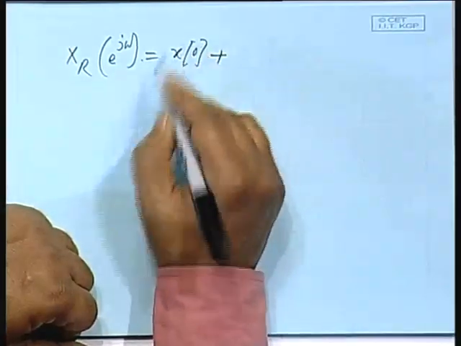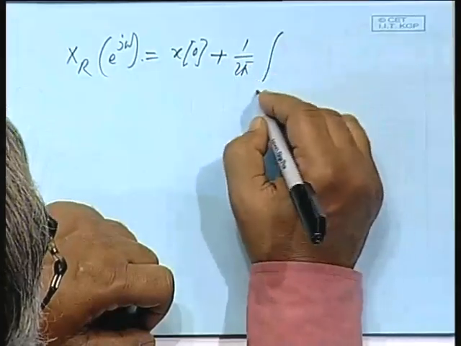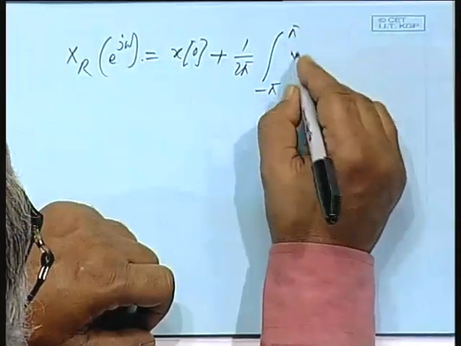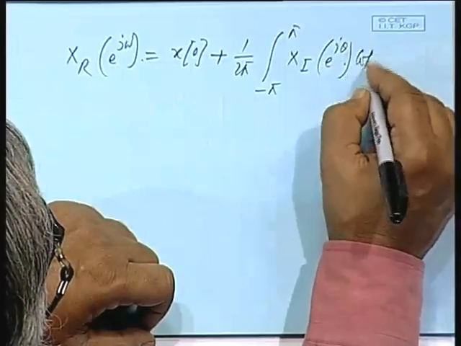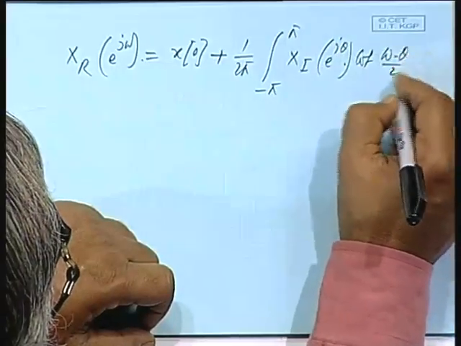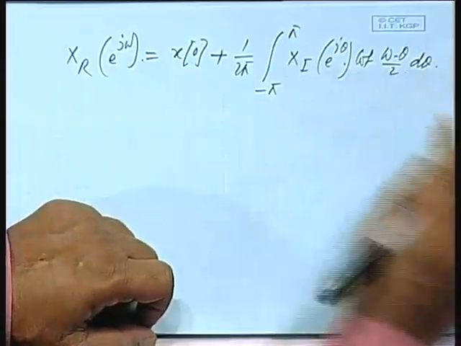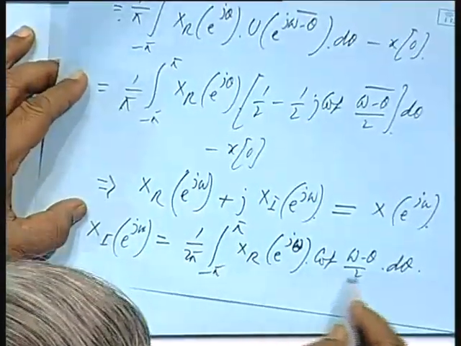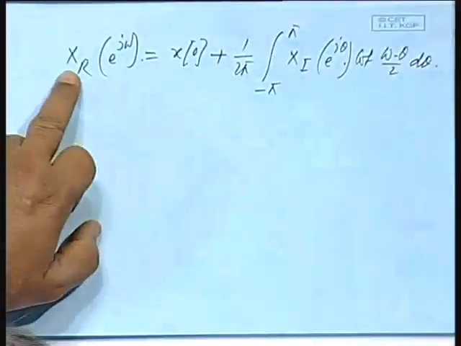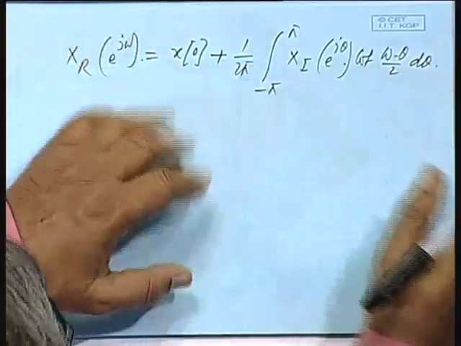There is only one additional term to be written when we go from the imaginary part, X_I(e^{jθ}) cotangent (ω − θ) by 2 dθ. The expressions are almost identical, except that in case of imaginary part, you have only the X_I term, in case of real part there is an additional term, and there is nothing else.